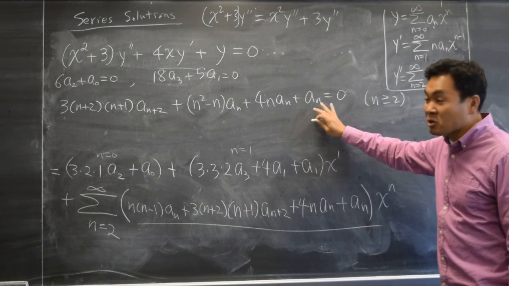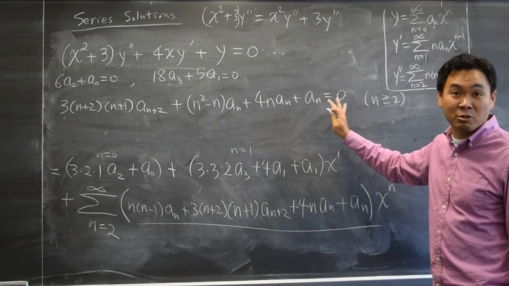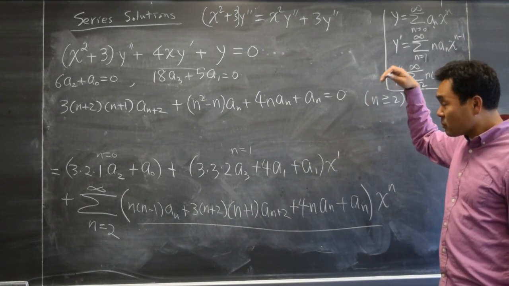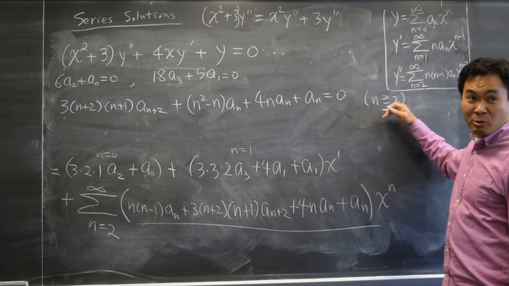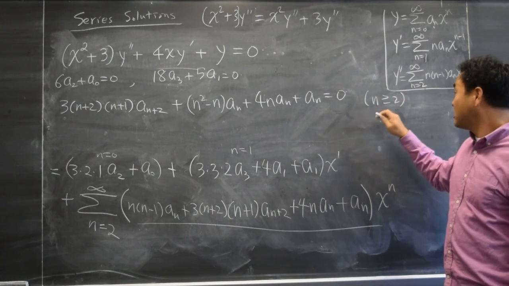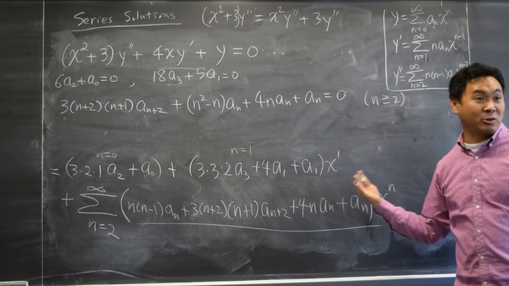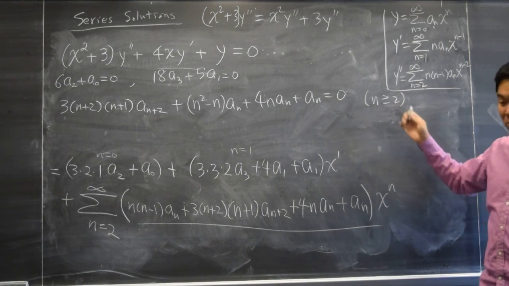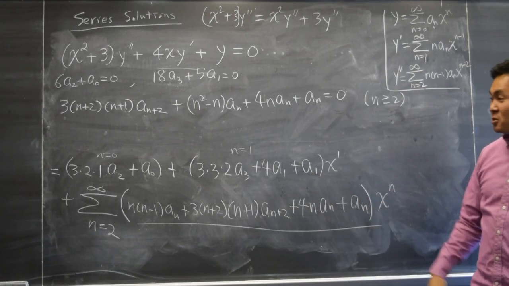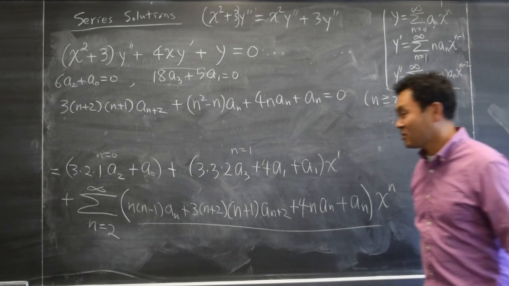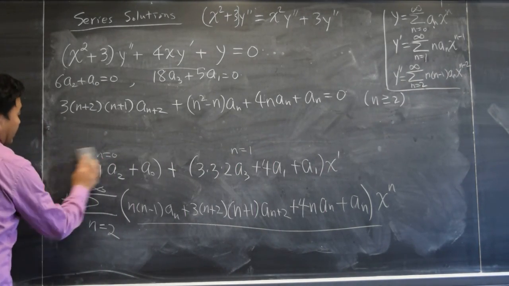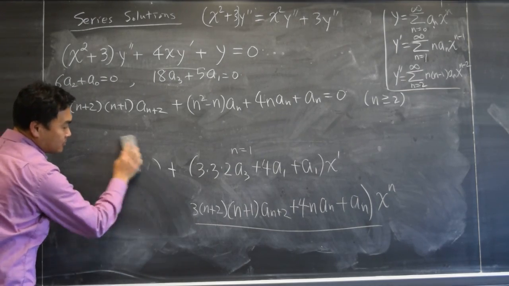So this is almost a recurrence relation. We just have to solve for an plus 2. But you also have to write down when it starts getting valid. This is the time when all the factories start producing terms. So you have to write that down. Without it, you don't know when to use it, so it's not good. All right, so let's continue.